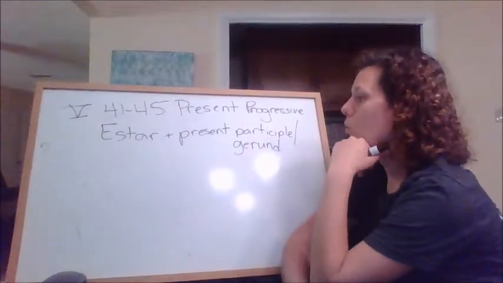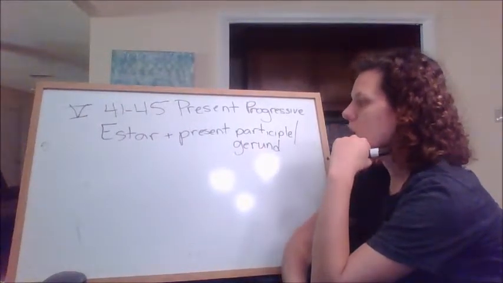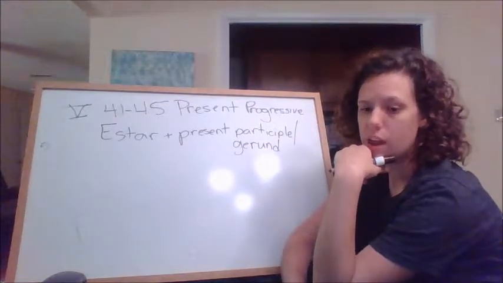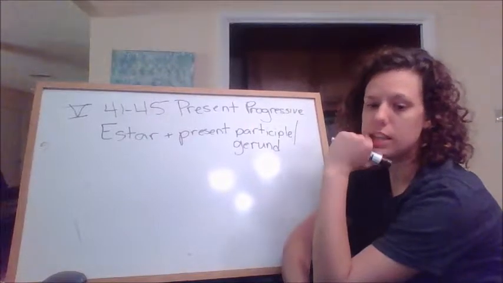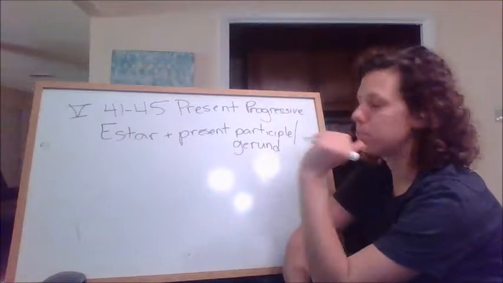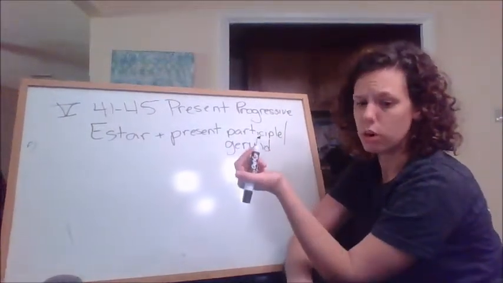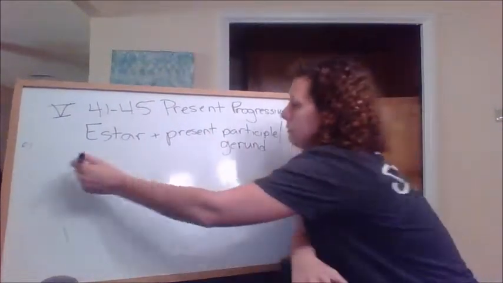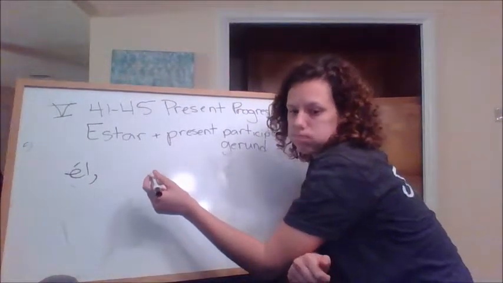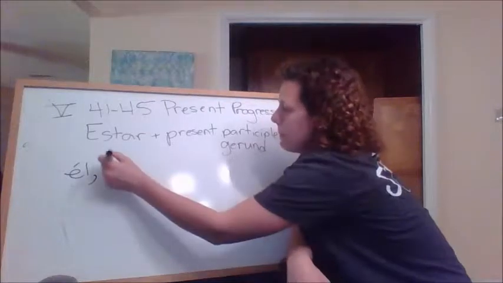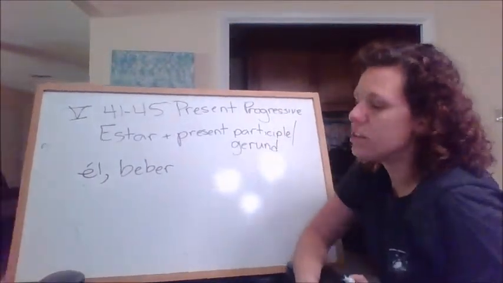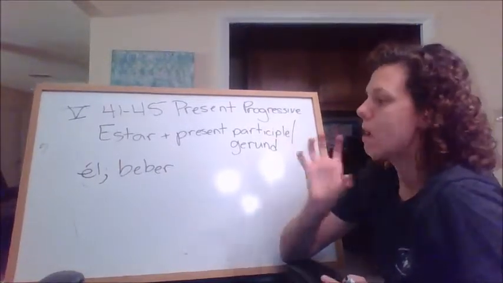So what this is going to look like is I'm going to give you a subject pronoun and a verb. This says form the present progressive based on the subject and the verb given. So I'm going to give you something like el bebé. We want to say he is drinking. Right this second, he's got a mouthful of water.